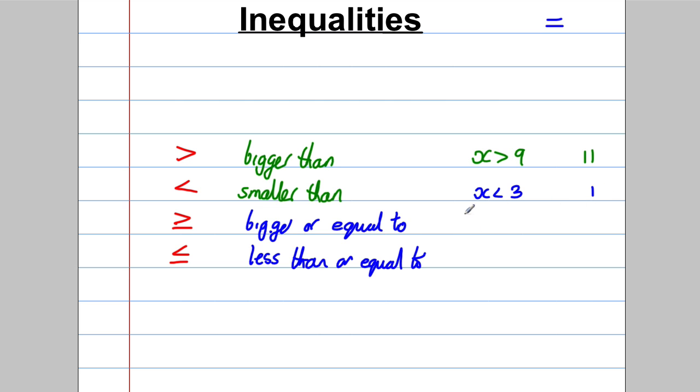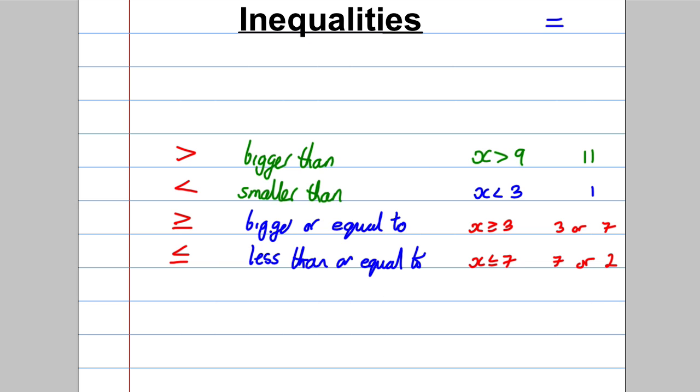If I said x was bigger than or equal to 3, it could be 3, or any number bigger than 3, for example 7. And if I said x was less than or equal to 7, it could be 7, or any number smaller than 7, like 2. So that's the basic idea.